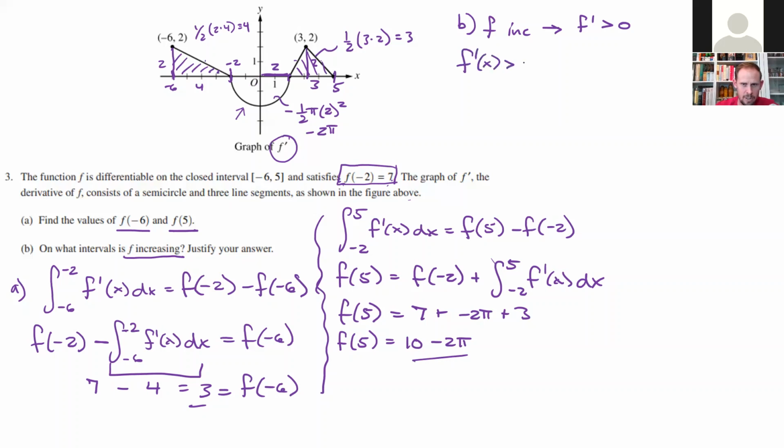So f prime of x is greater than 0 from here to here, so from negative 6 to negative 2. And let's see, it's negative here, but then it's positive again here. So from 2 to 5. All right, so you could say f is increasing on the intervals from negative 6 to negative 2 and from 2 to 5.